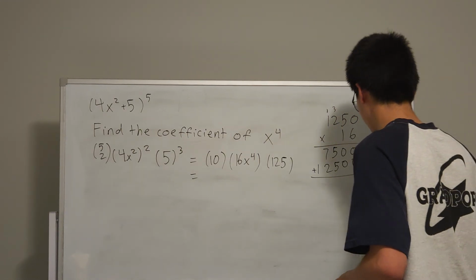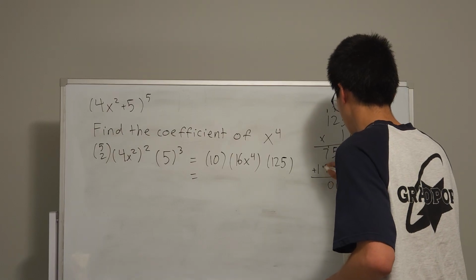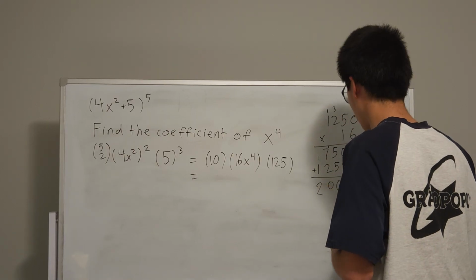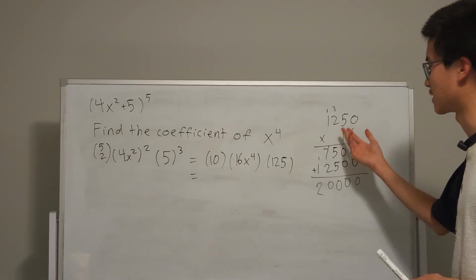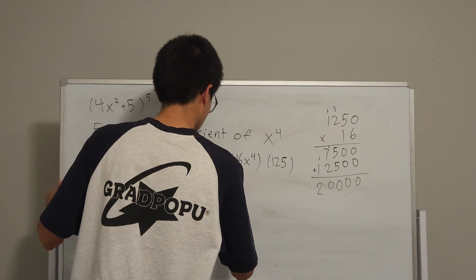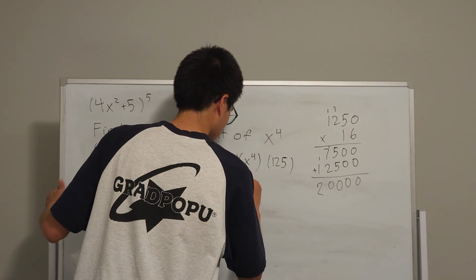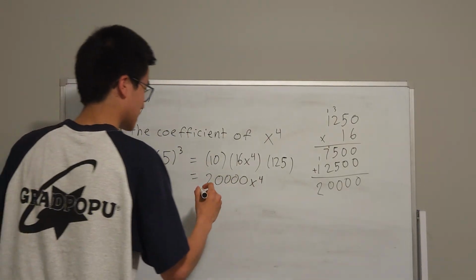Oh wait, is it 20,000? Okay, yeah, that makes sense actually, because 125 times 8 is 1,000. Therefore this equals 20,000x to the 4. So our answer will just be 20,000.